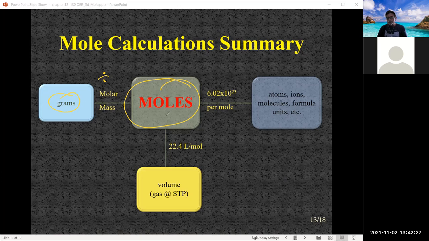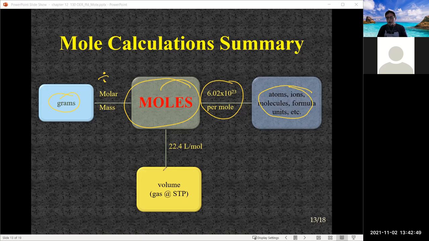Now, once you're in moles, you can go one or two ways. If the question asks for atoms, ions, molecules, for units, bananas, oranges, pickles, whatever, you got to multiply by Avogadro's number when you're at moles to get to that unit of whatever you're measuring.